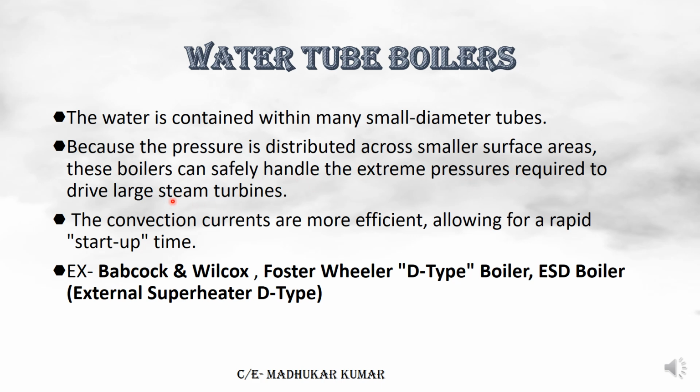We have the superheater attached to it, so superheated steam will be generated, which can be utilized in the steam turbines. The convection currents are more efficient, and start-up time is less. Examples used since long days are Babcock and Wilcox boiler, Foster Wheeler D-type boiler, and ESD boiler, that is the external superheater D-type. These are the famous water tube boilers used in the marine field.